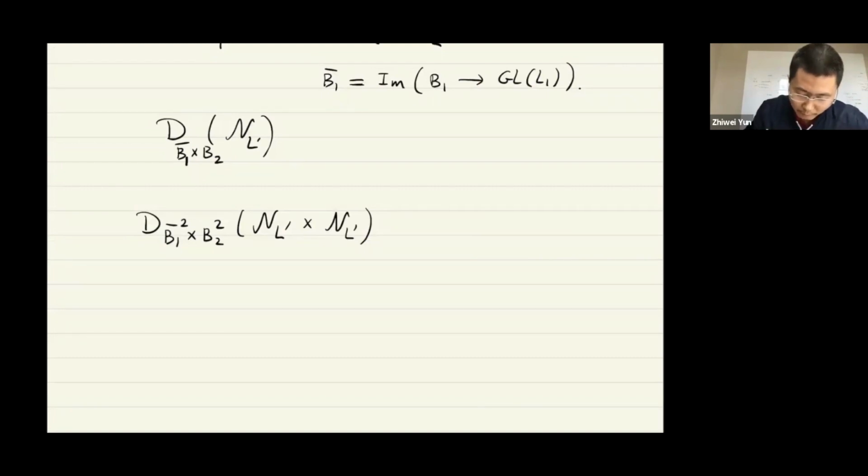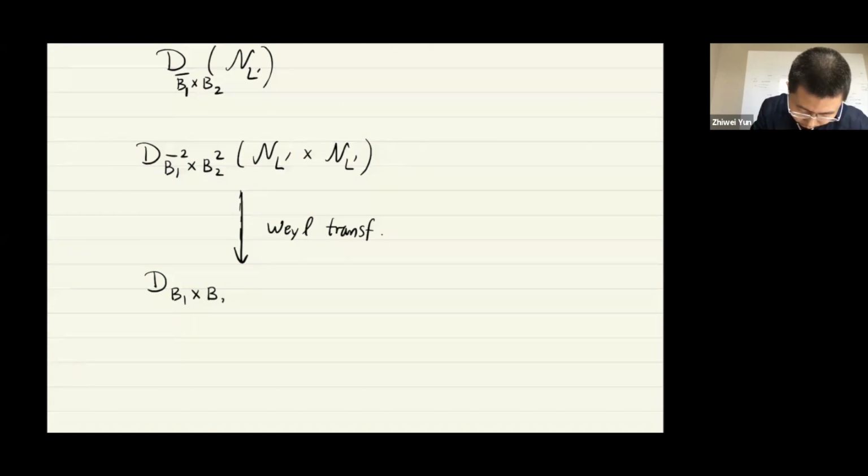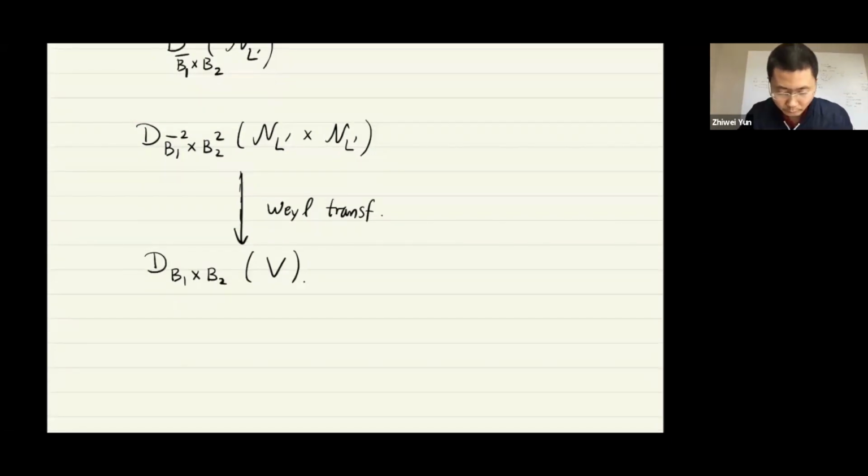And then we do some kind of Weil transform to arrive at B1 times B2 equivariant sheaves on V. And then we average.